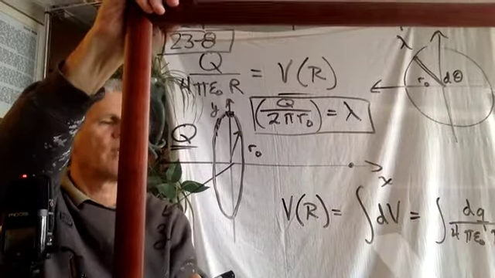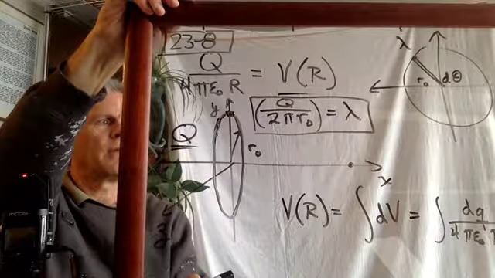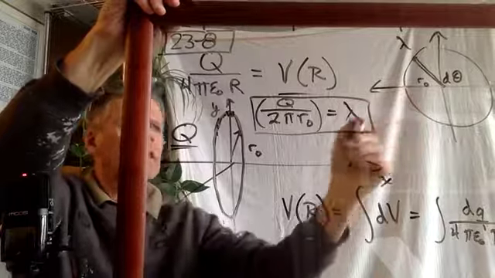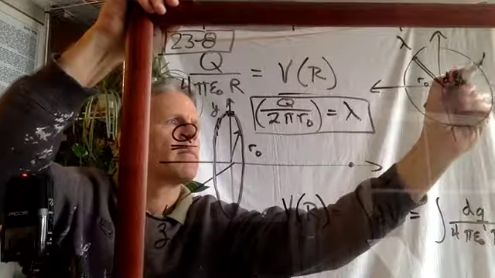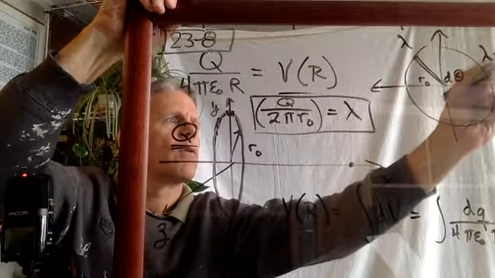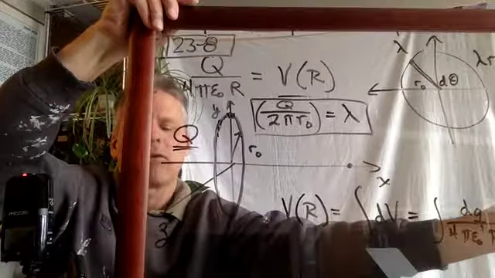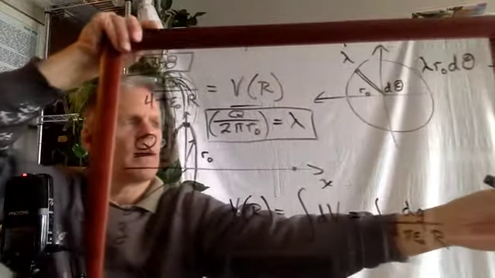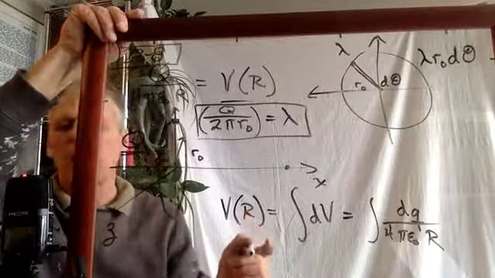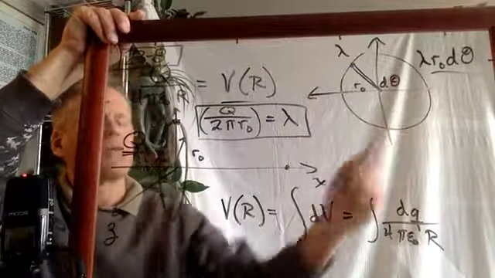That's all we have, R0 d theta. So dq is going to be lambda R0 d theta. That's going to be our dq.